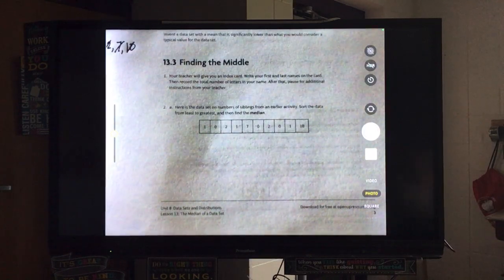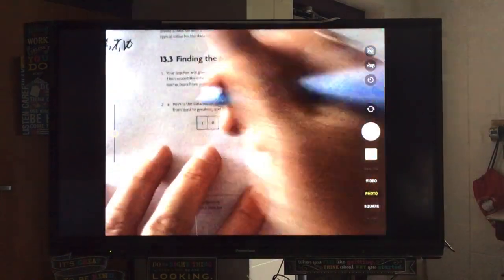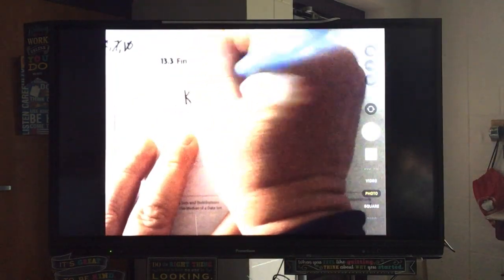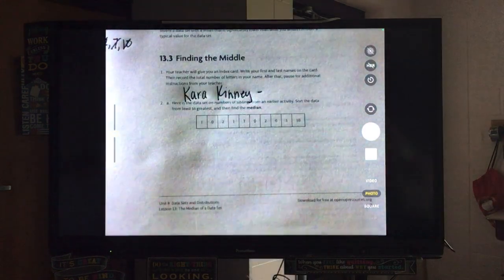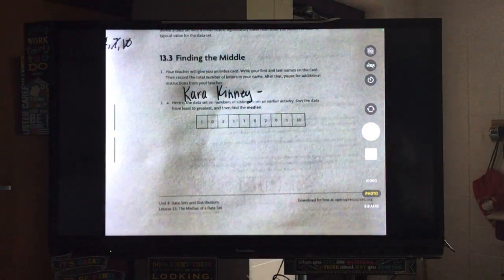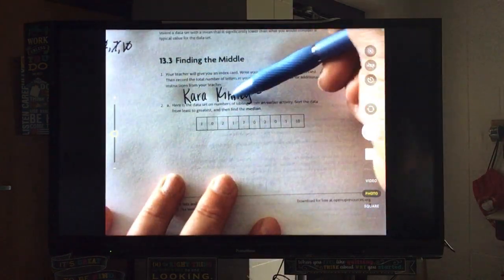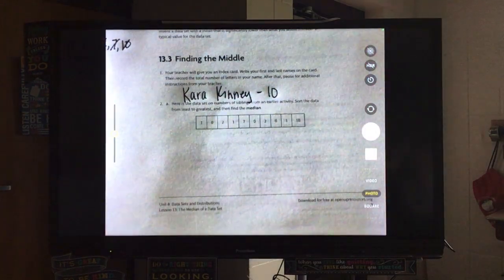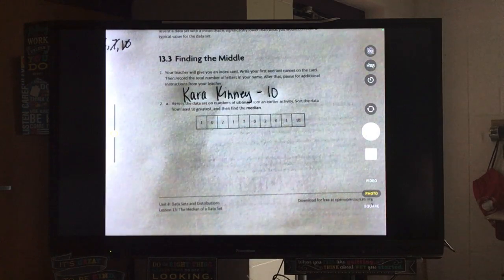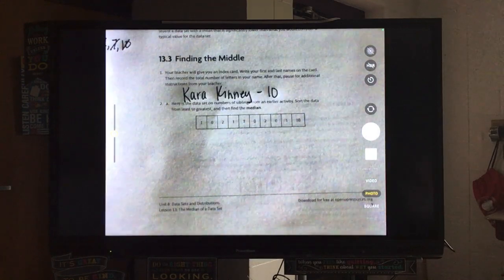So I would write my first name, and then my last name. And then I would count how many letters are in my first and last name and write that number.